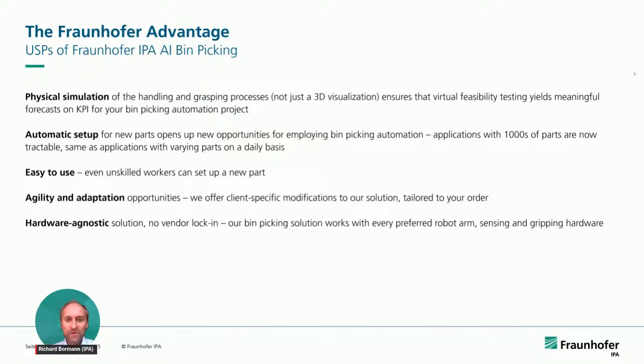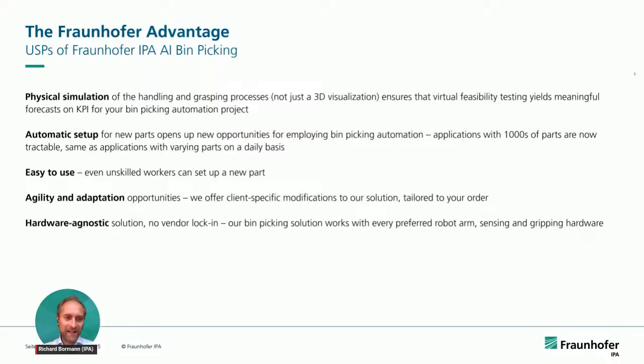Other vendors show you a 3D visualization. You can think about cycle times from this, but you don't know whether physically the grasping process will work or not, and whether your bins will be emptied in the end or not. This is only possible with real physical simulation that we do here. So this is giving you really meaningful forecast for your KPI before you really invest into such automation project.